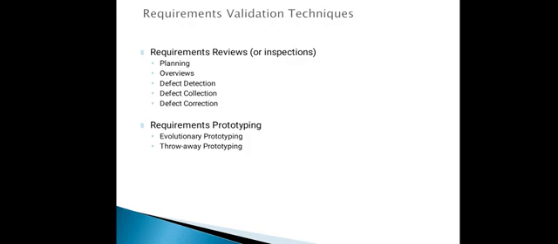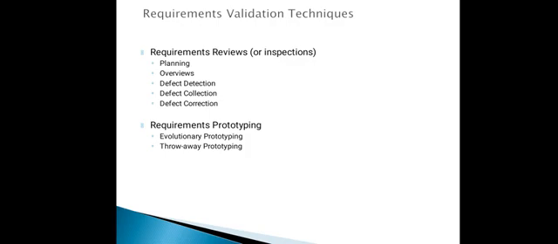Requirement reviews. During this process, we can detect different sorts of bugs at early stages of the software development that can be more expensive at later stages. Steps or phases of requirement reviews are planning.